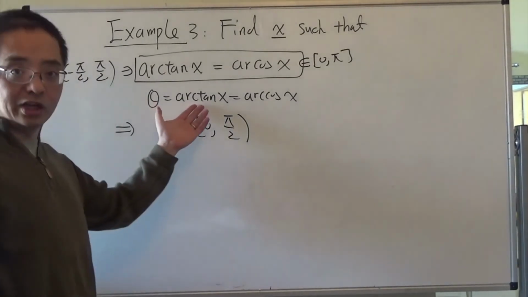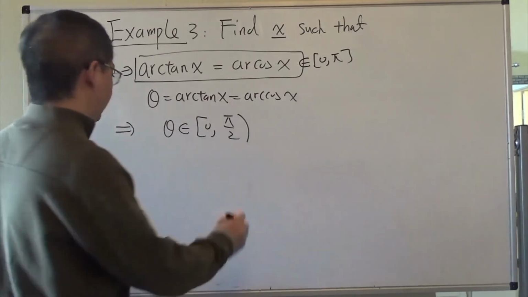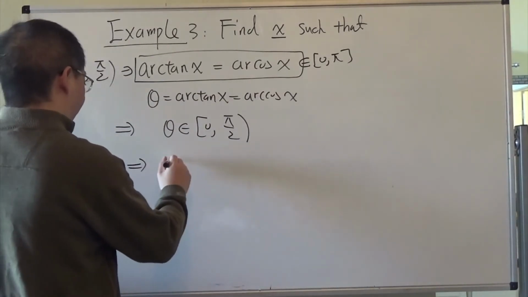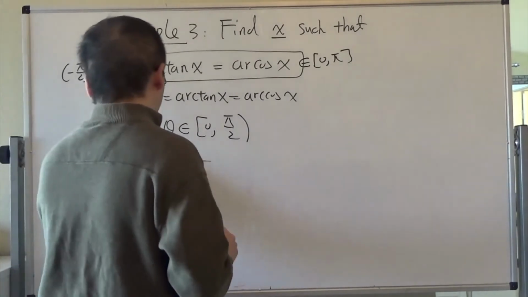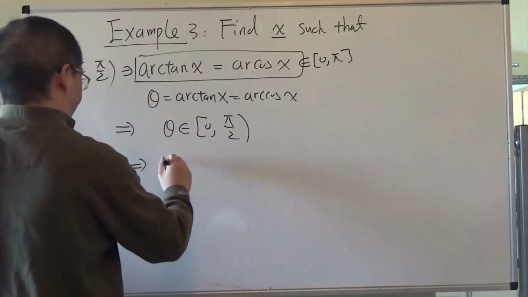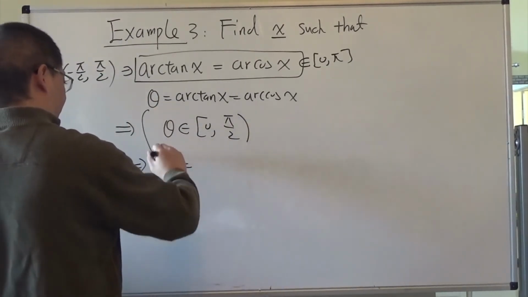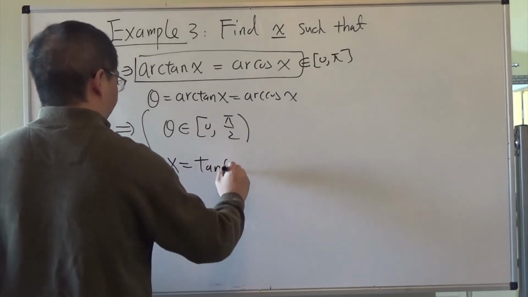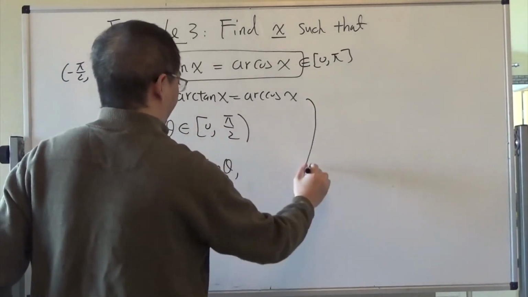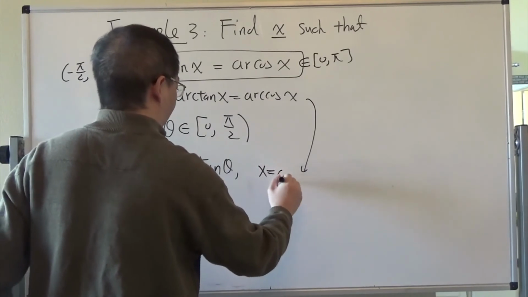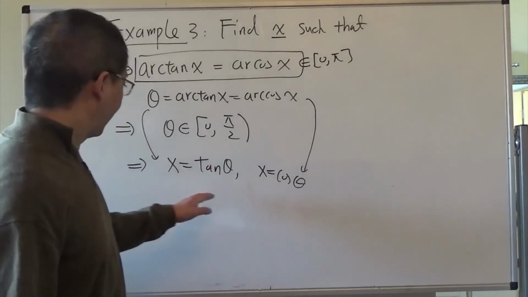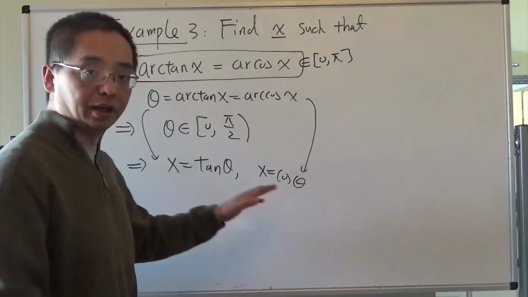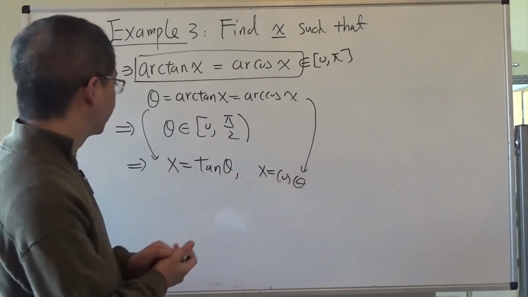Now by definition of arctangent and arccosine, I get theta equals arctangent x, so x equals tangent theta. And from the arccosine, I get x also equals cosine theta. Both of them are equal to x.